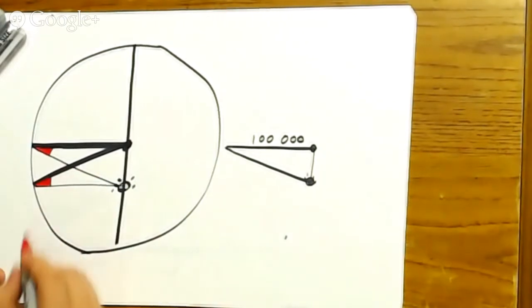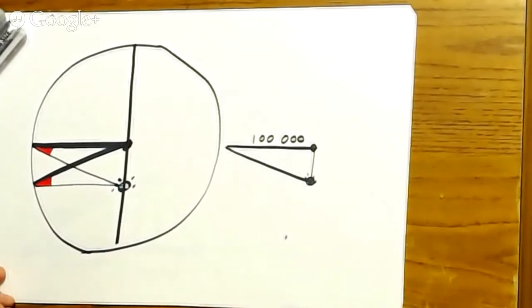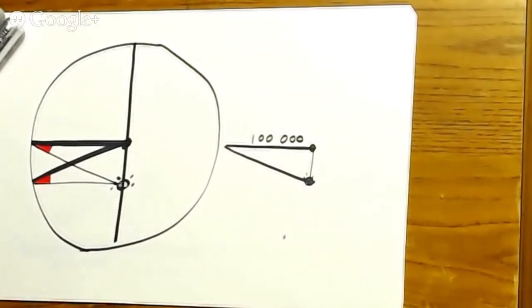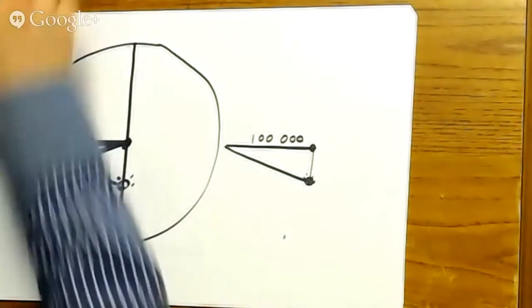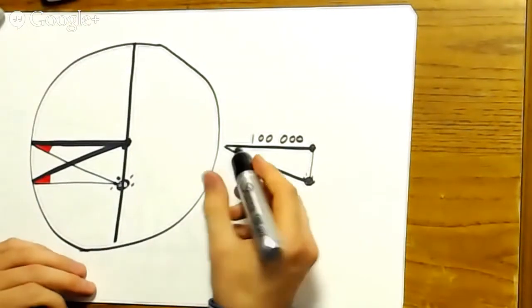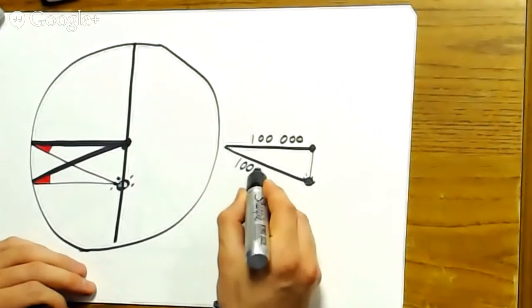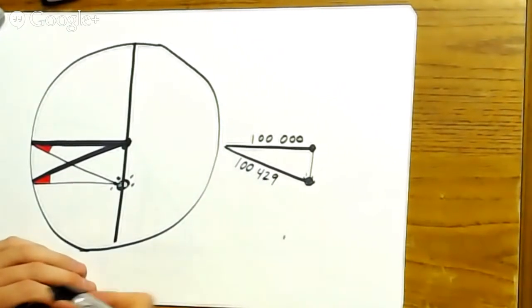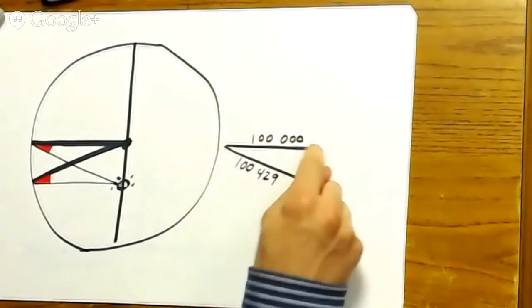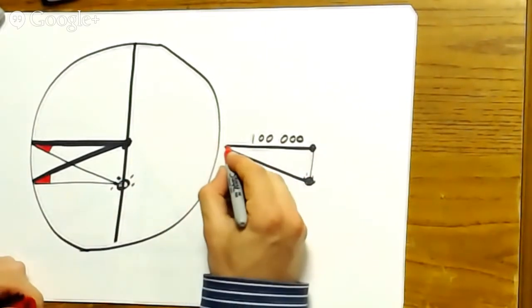I actually forget which one of these it is. But what he's saying when he says the secant is 100,429 is that in the triangle, the hypotenuse is 100,429 when the edge next to the angle is 100,000.